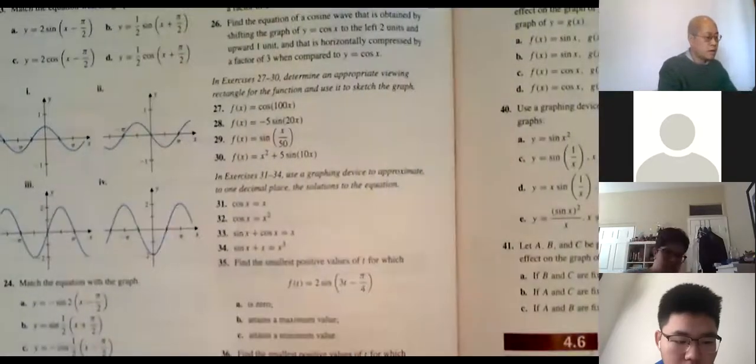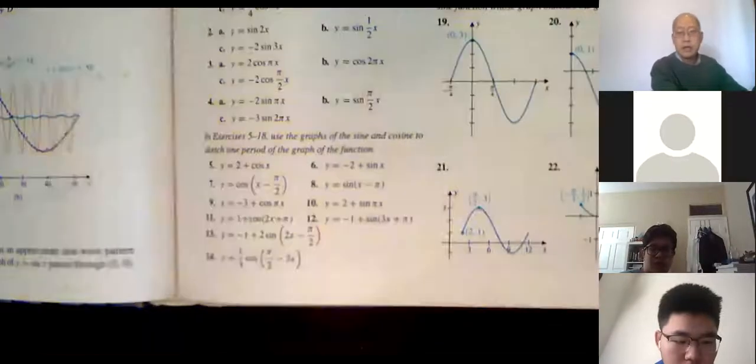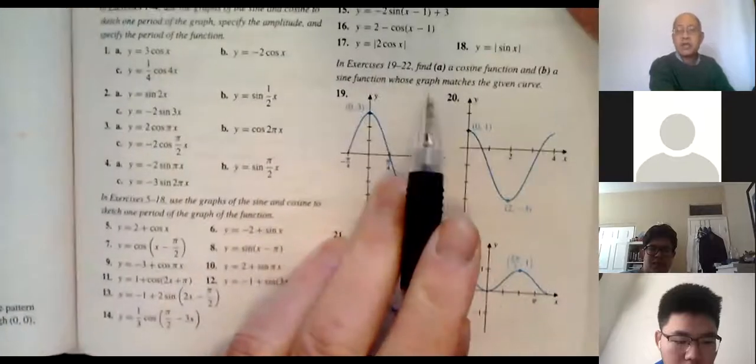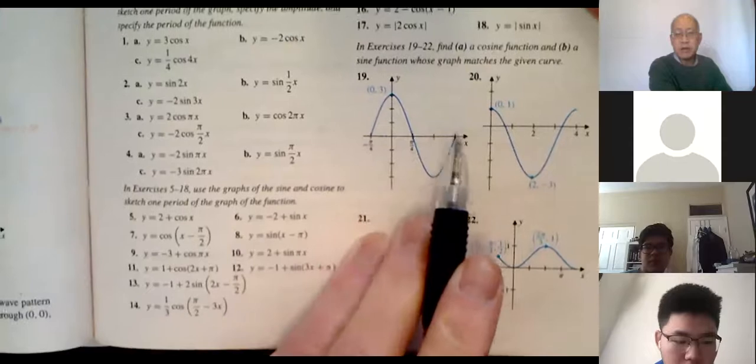Okay, and then much harder, unfortunately, 19 and 21. Find a cosine function and a sine function whose graph matches the given curve.